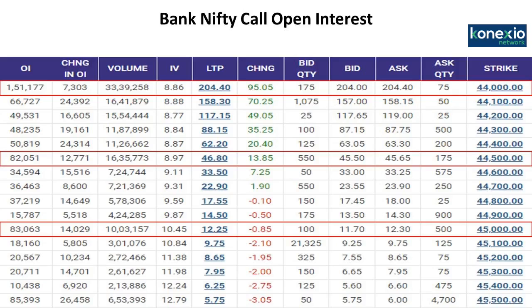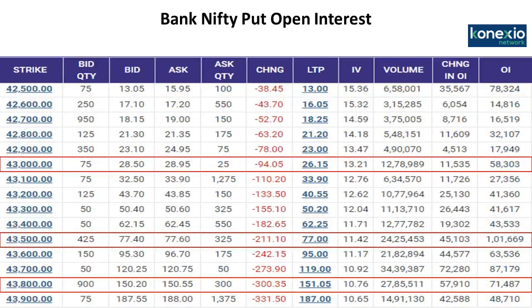So friends, now let us see what we have observed in Bank Nifty puts. In Bank Nifty puts, the action was seen in 44,300 puts, 43,800 puts, then 43,500 puts, and 43,000 puts. Here also you can see volumes are rising, open interest is rising, but there has been a significant drop in the option premium.